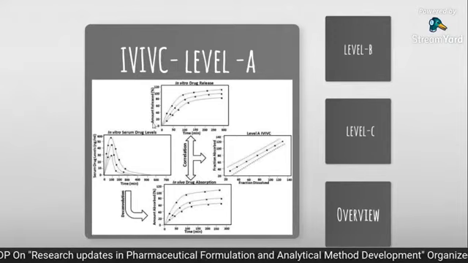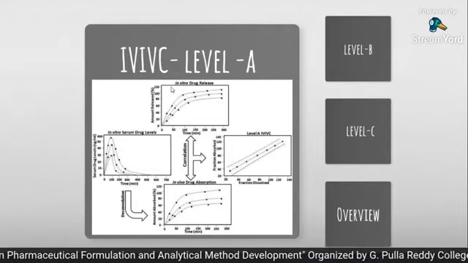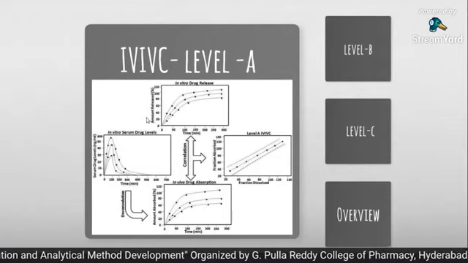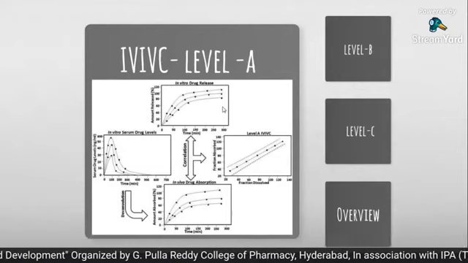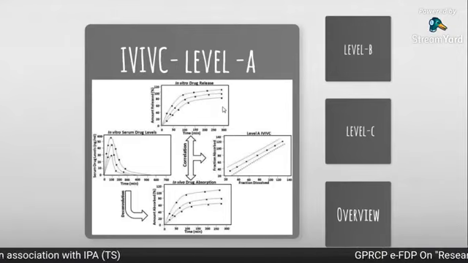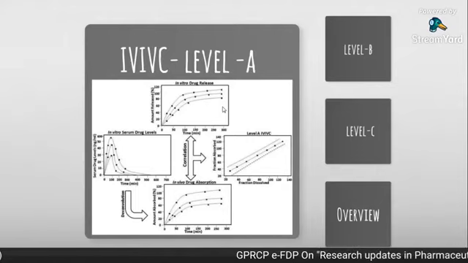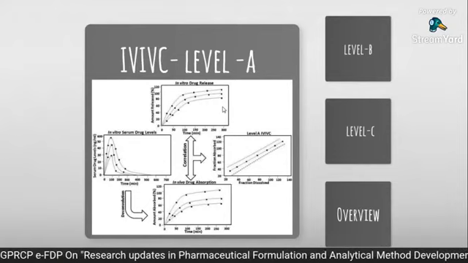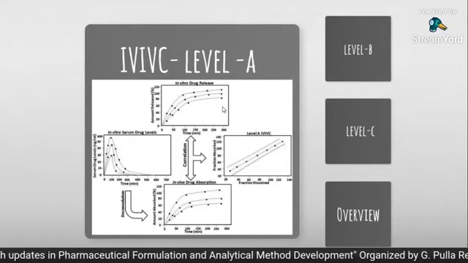Everybody will do this dissolution profile in different medias, first level. In different medias, you start from 0.1 normal HCl and then go up to 4.5 pH, then 6.8 pH, 7.2 pH, 7.5 pH, because the GIT has pH in ascending order, starting from 1 pH and ending with 7.5 pH.